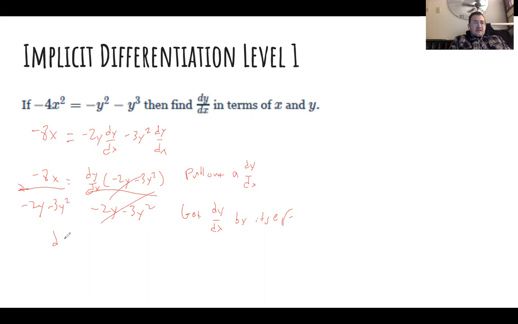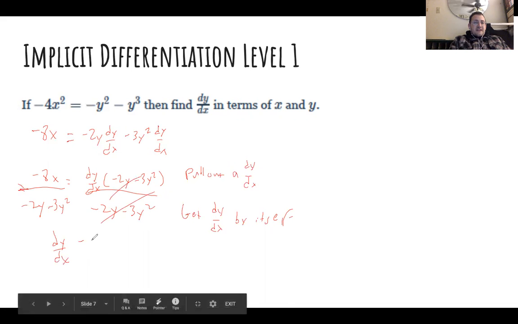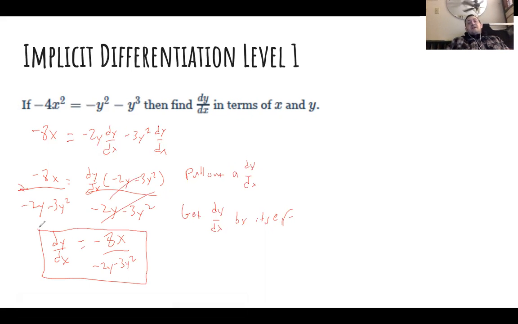Cancel. And then you're just left with dy dx equals negative 8x over negative 2y minus 3y squared. And this is completely your final answer.